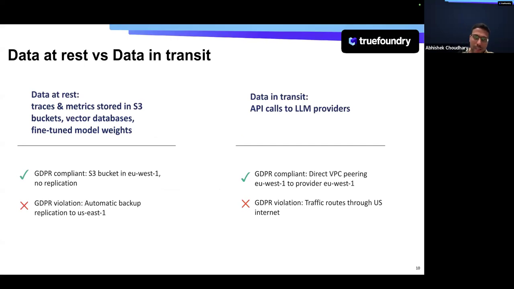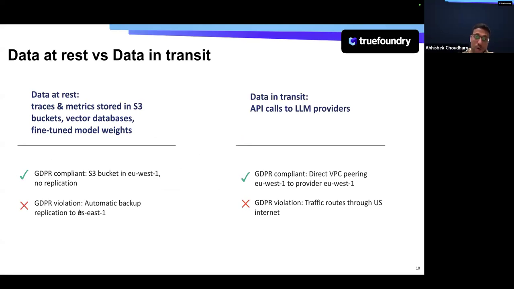So this is what I was talking about, data at rest versus data in transit. Data at rest is basically all your metrics, all your traces, all your prompt responses, everything that you end up saving either in a database or in an S3 bucket or wherever you want to save it. And data in transit will be all your calls to LLM providers.